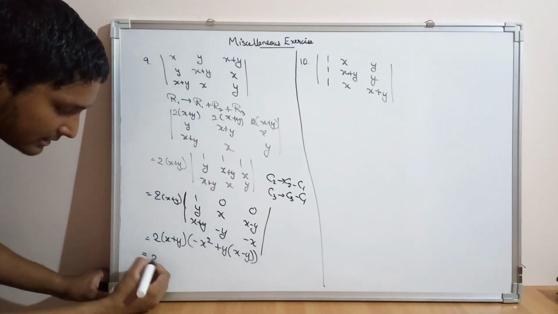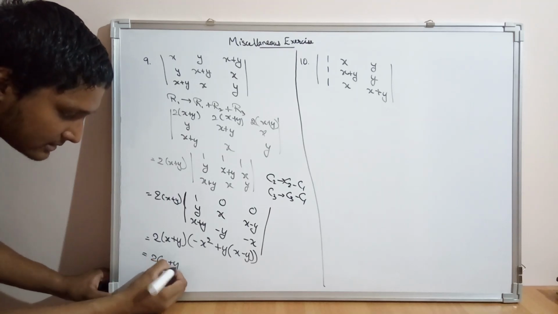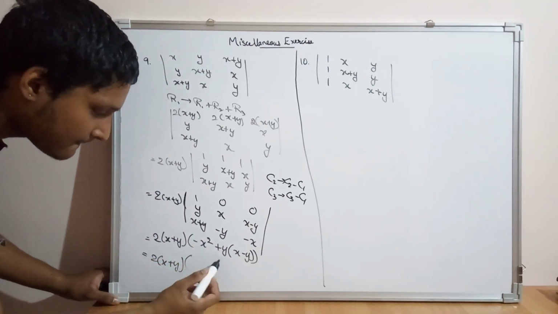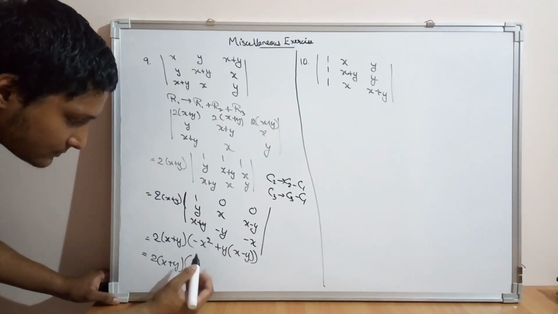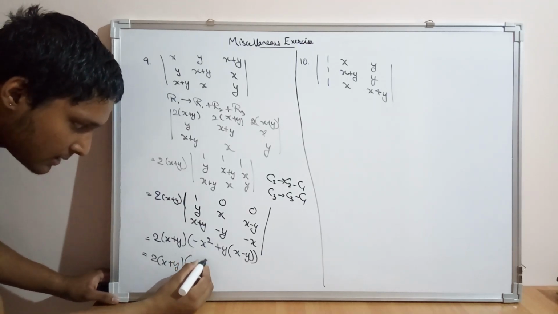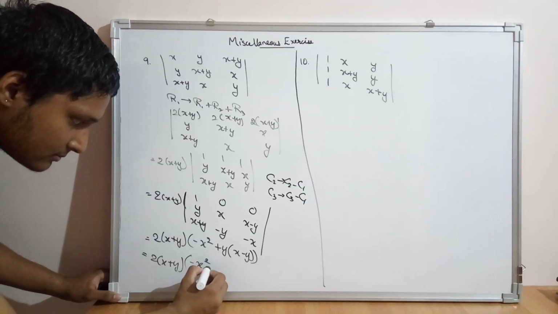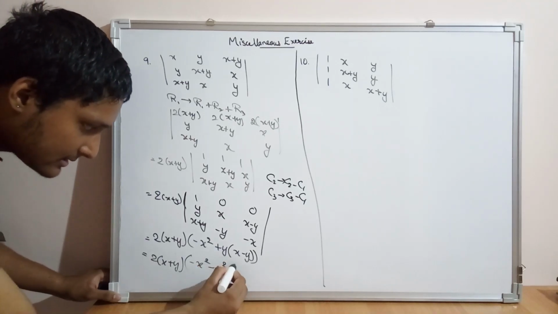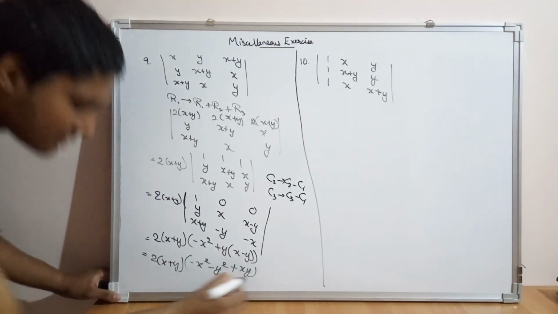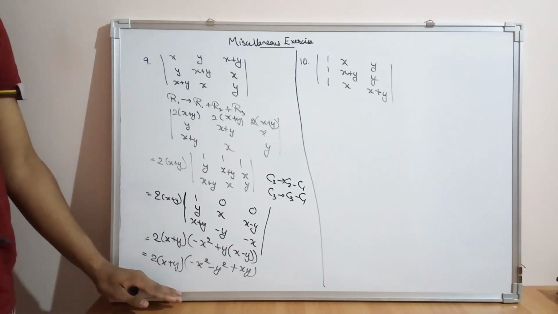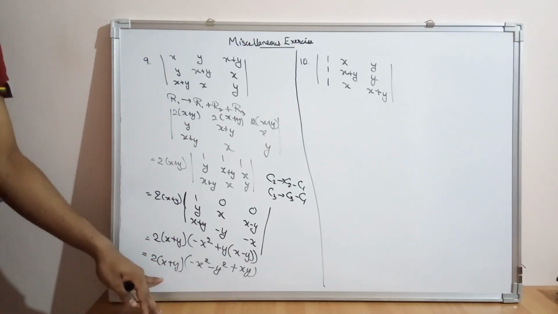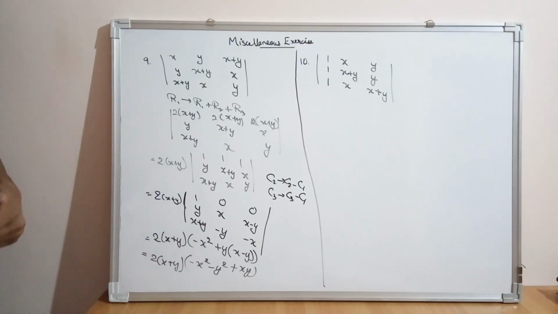Okay, we'll just simplify. 2 times x plus y into, what are we going to get? Minus x square, then minus y square plus xy. Okay, this is a direct format. We know one of the things of this format, that is a cube plus b cube, right?